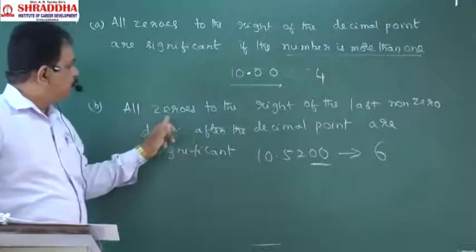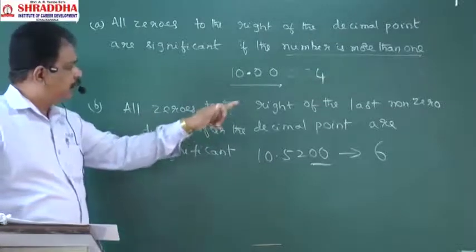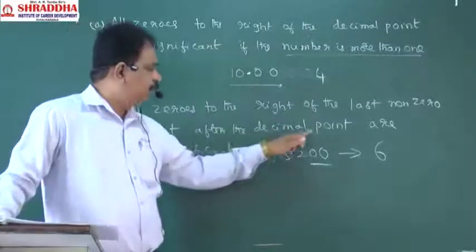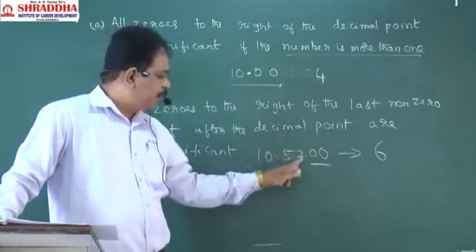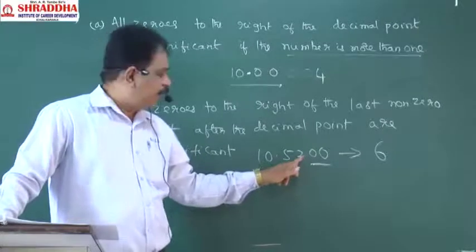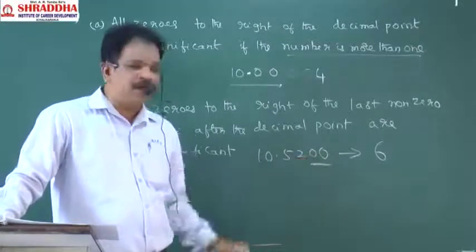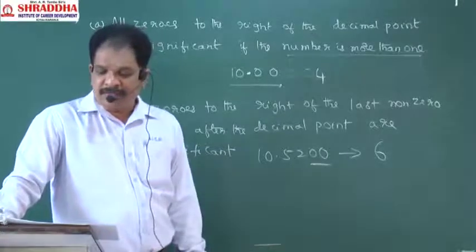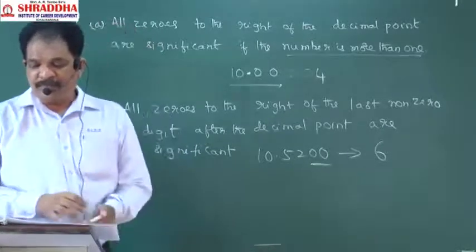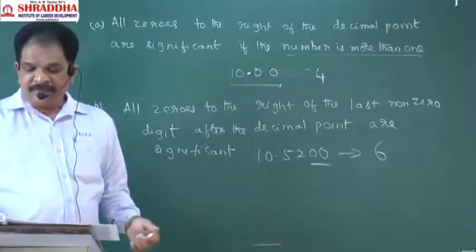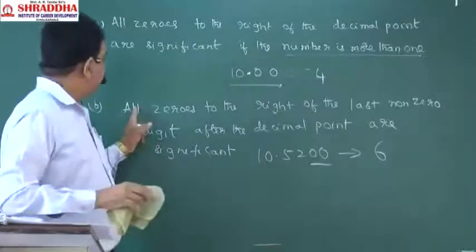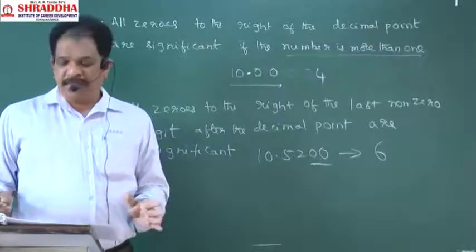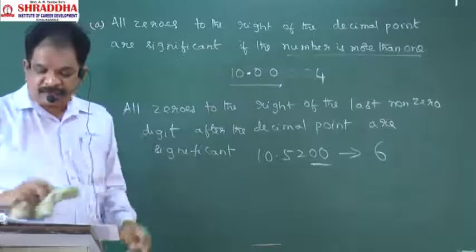After the decimal point, to the right of the last non-zero digit, however many zeros are there, those will also be significant. Okay. Next. So these are the different rules for identifying the significant figures.